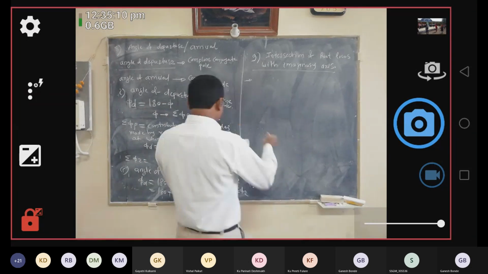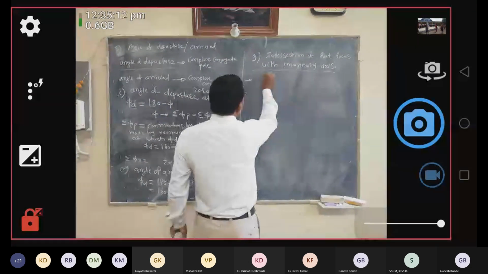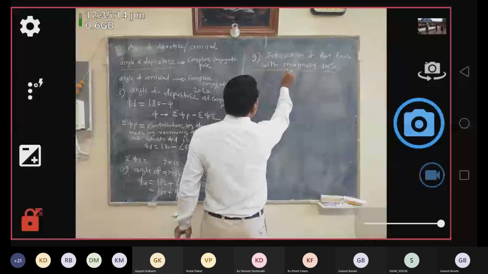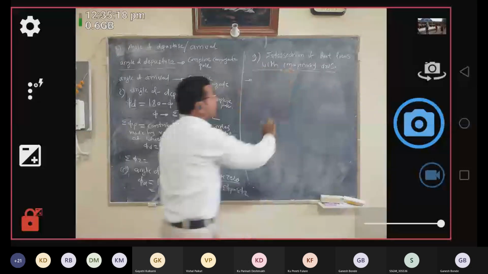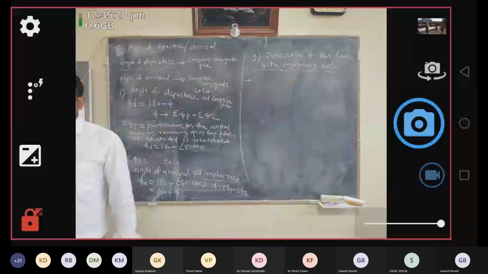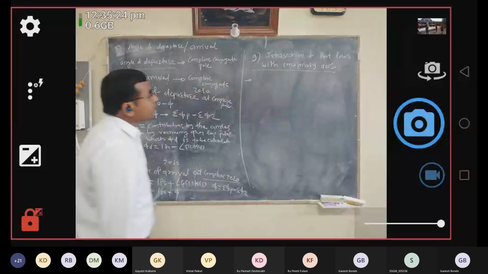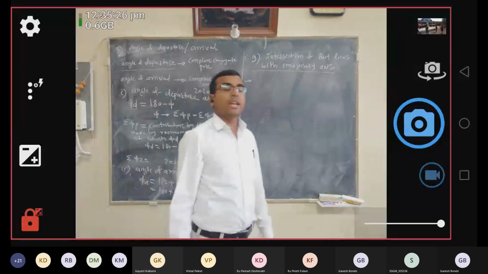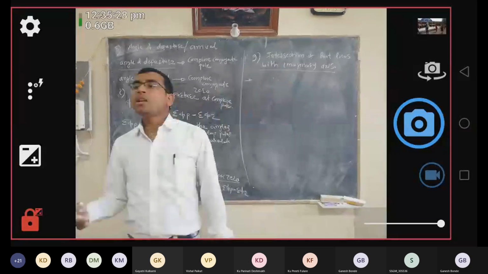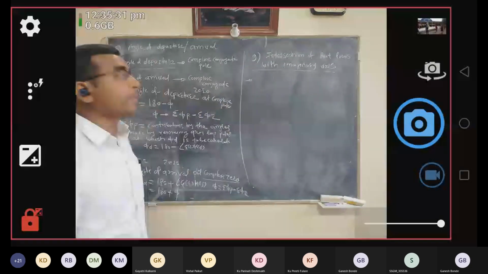The point at which your root locus branches intersect the imaginary axis, the value of k corresponding to that point is called the marginal value of k.